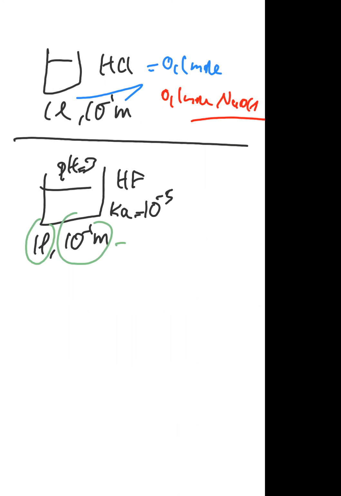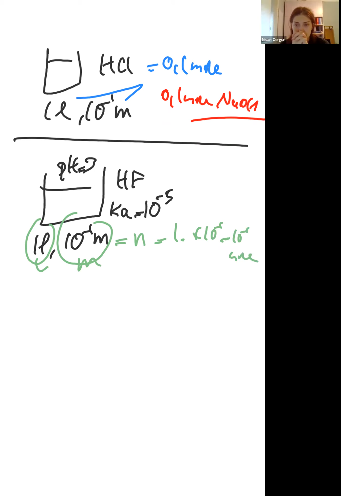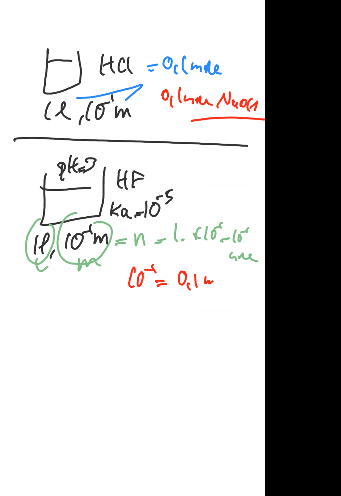Since multiplication of volume and molarity yields moles, you have 1 times 10 to minus 1 mole of HF. And you need exactly the same amount, 0.1 mole of sodium hydroxide to neutralize HF.